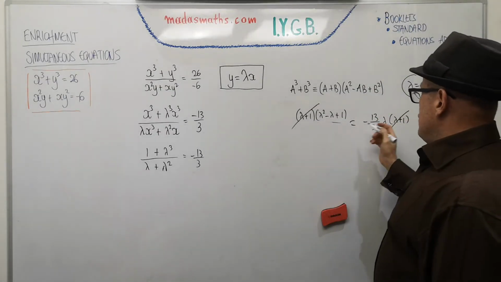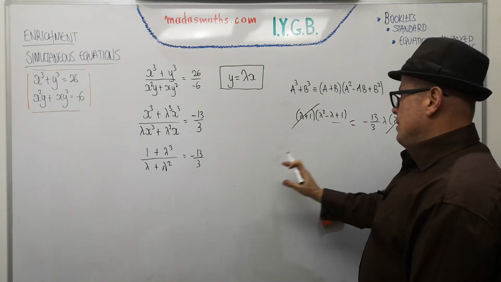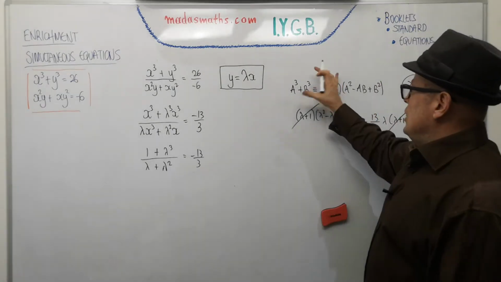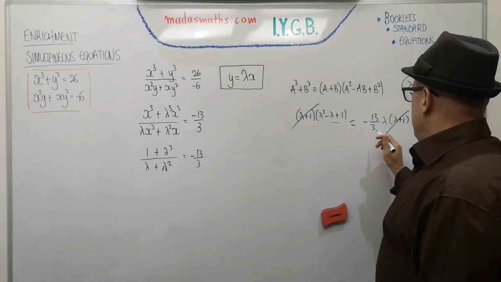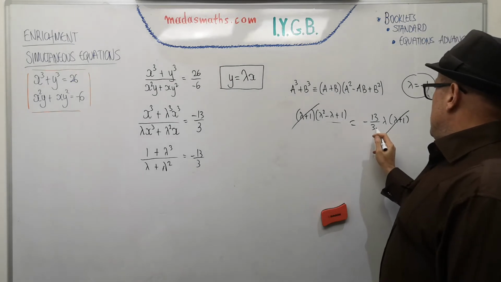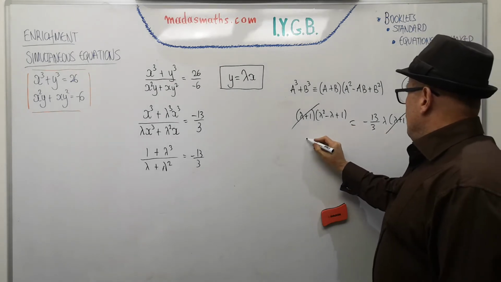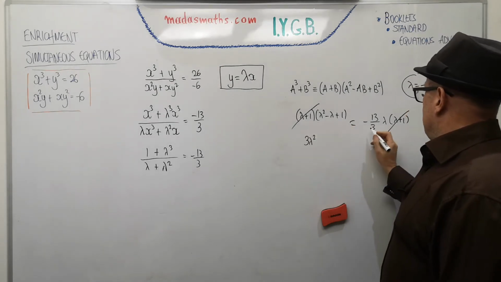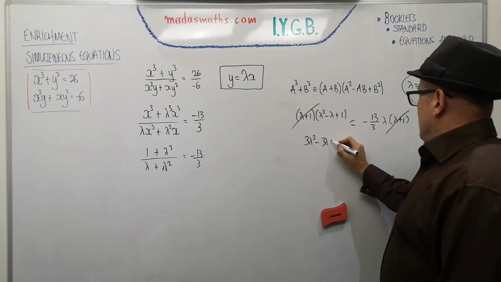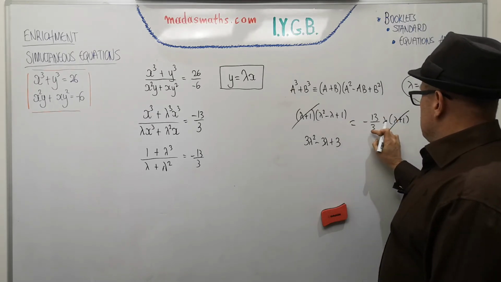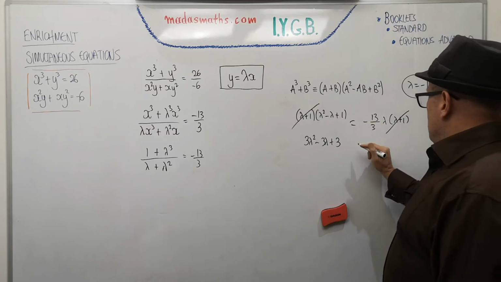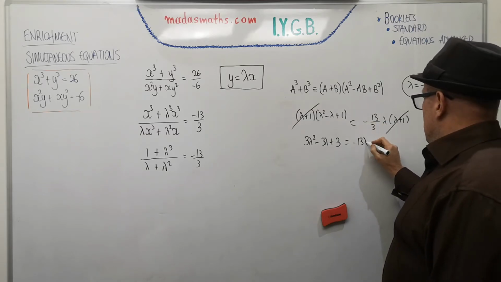So this eventually will go to a quadratic. Let me just finish it off from here, and then I'll show you. Suppose you didn't see that and you didn't know the sum of cubes identity. So what's going to happen there? Times it across, so you're going to get 3 lambda squared minus 3 lambda plus 3, that's this 3 coming across, and then it's equal to minus 13 lambda.